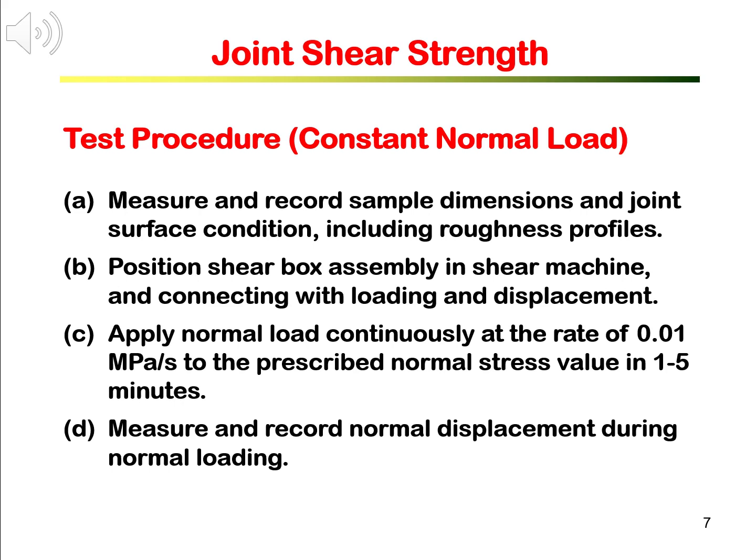After the prescribed normal stress is achieved, maintain the normal load at constant. While applying the normal stress, measure and record the normal displacements and normal stress during normal loading at 1 Hz frequency.